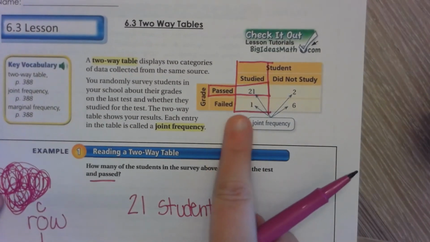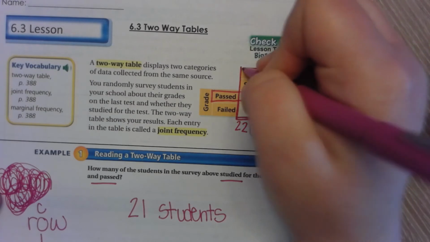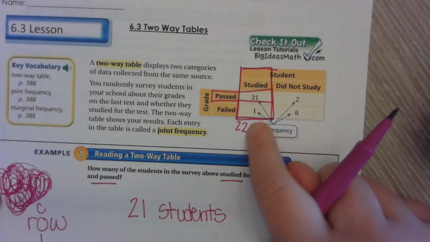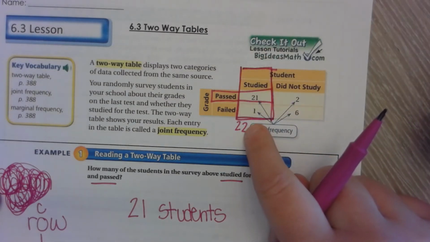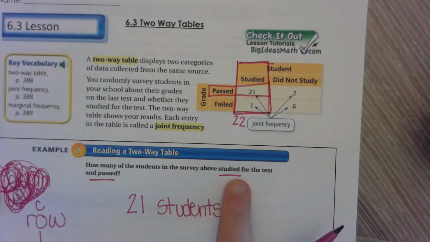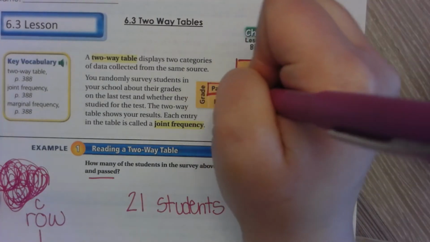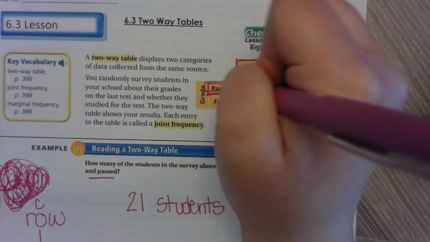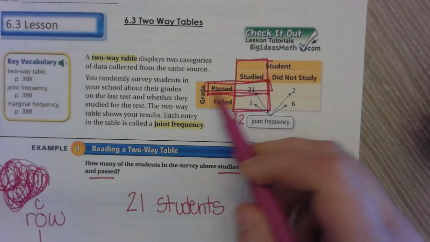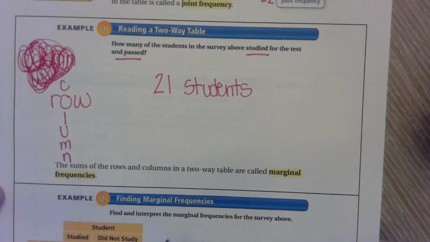Okay, so here if we're looking at the column for kids that studied, we have 21 kids and 1 kid, which becomes 22. So that means 22 kids total studied. However, it's wanting studied and passed. So if I also go to the row and I look at the kids that have passed, if I look at studied and passed, it ends up being 21. So that's how I get that 21 students.